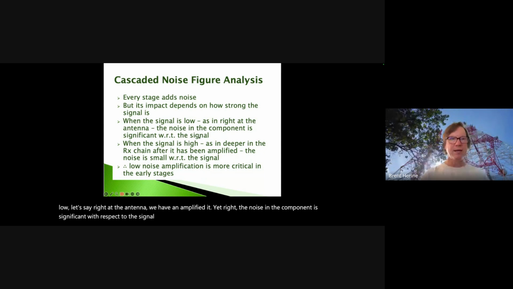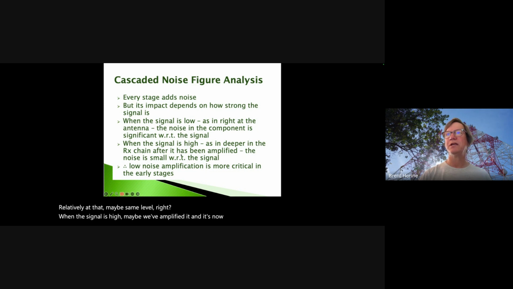It's relatively at maybe the same level, right? When the signal is high, maybe we've amplified it and it's now deeper in the receiver chain, then that additive noise at the input of that amplifier or other type of component is still small, right?